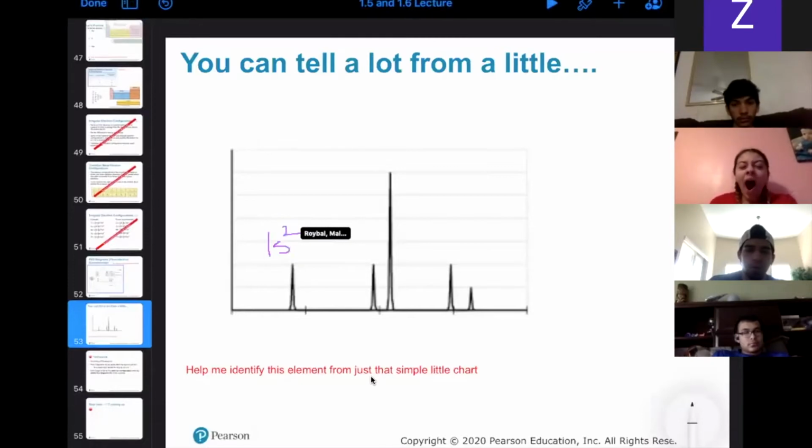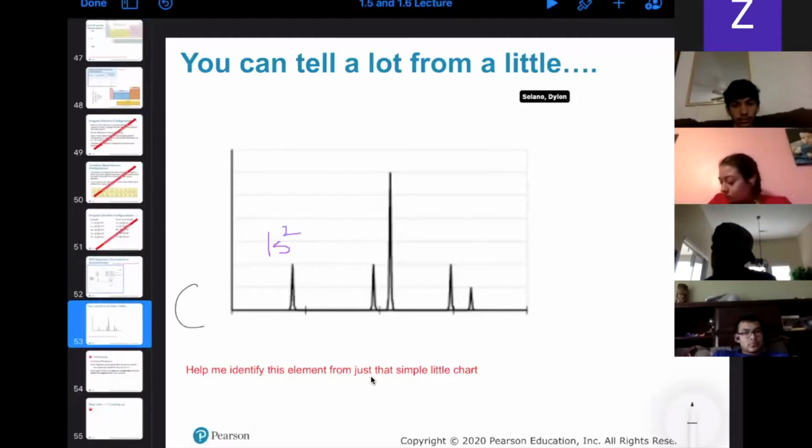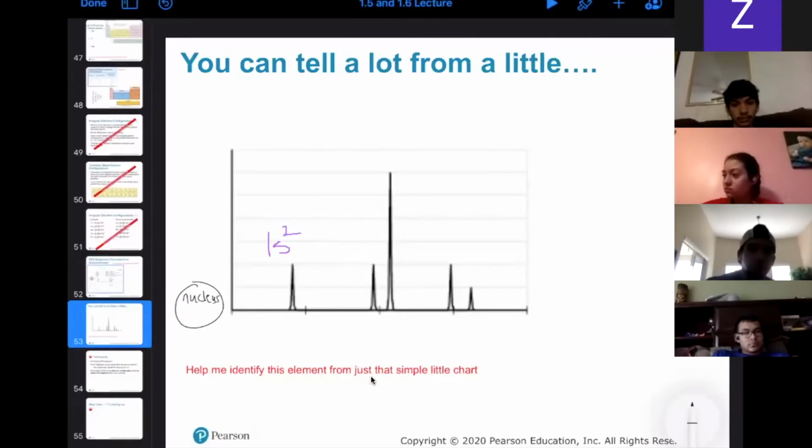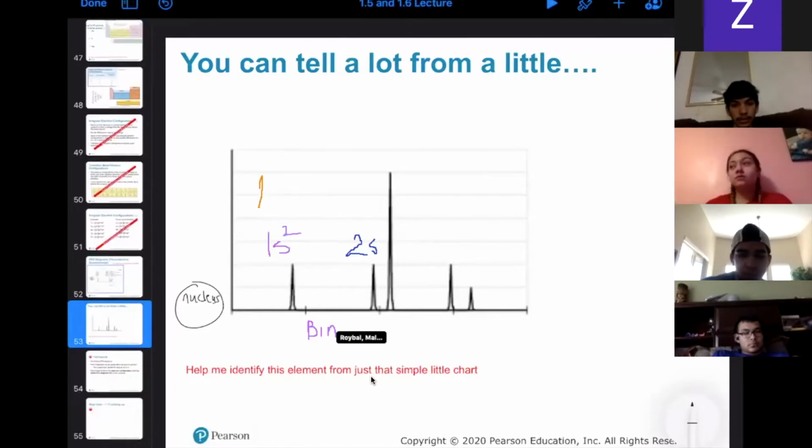I'm going to say that this is the nucleus over here. Good, we've got our first orbital. Good, Diego's drawing out the orbitals.